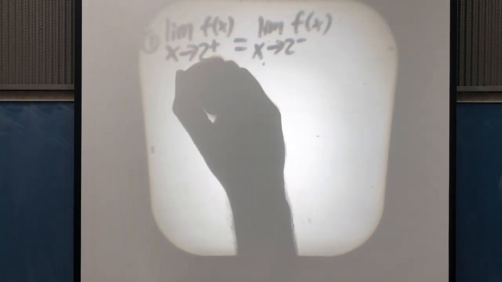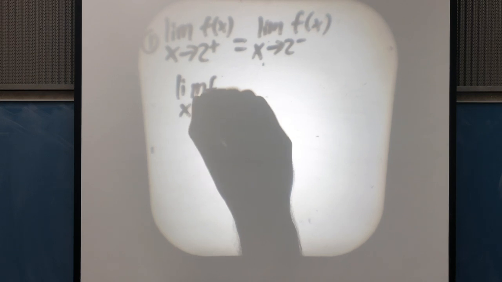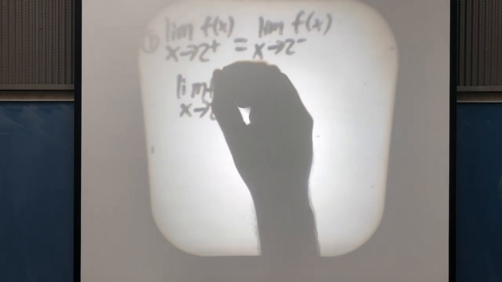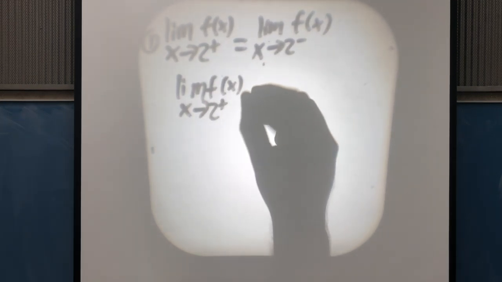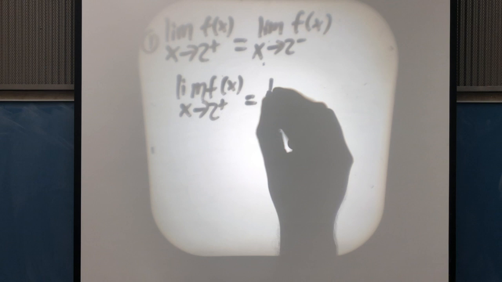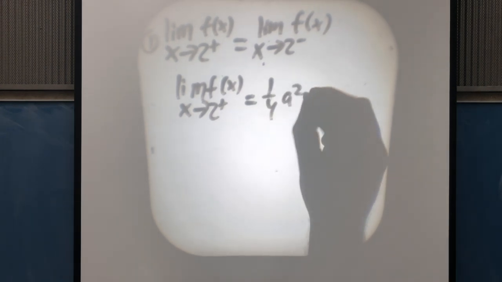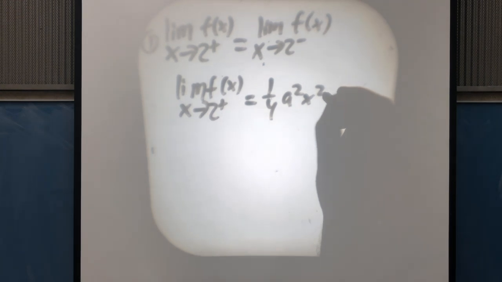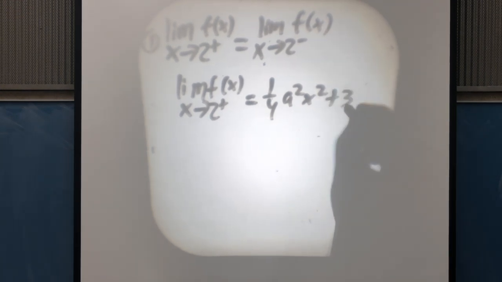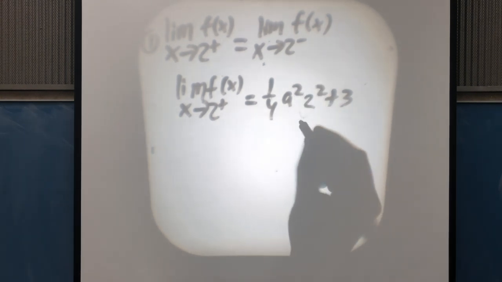So the limit as x approaches 2 from the right equals one fourth a squared x squared plus 3. Plug in 2 for x.